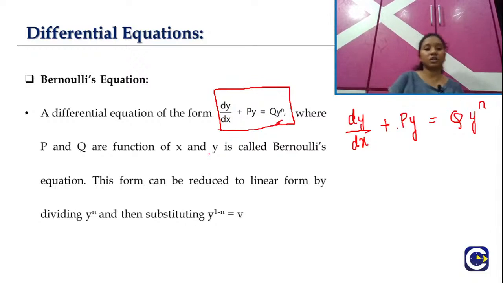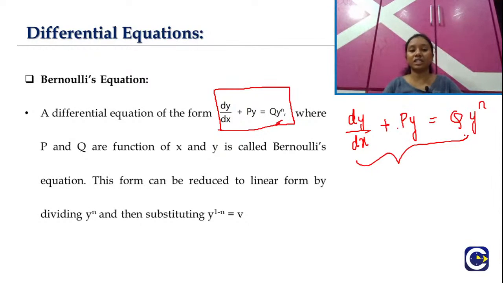Now this Bernoulli's equation can be reduced into our linear form of differential equation. If we could eliminate this y power n on the right hand side of the equation, then we can easily convert it into linear form in order to find the solution.